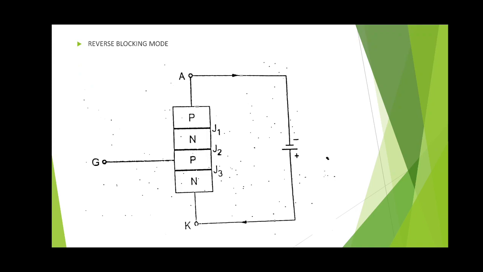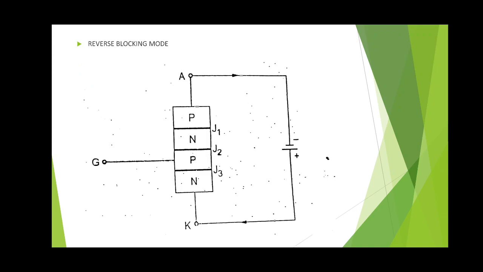Due to this type of supply, junctions J1 and J3 will be reverse biased, and junction J2 will be forward biased. So due to this reverse bias, the thyristor will not conduct, but a very small current will flow from cathode to anode, and this current is called reverse leakage current, and this mode is called reverse blocking mode.